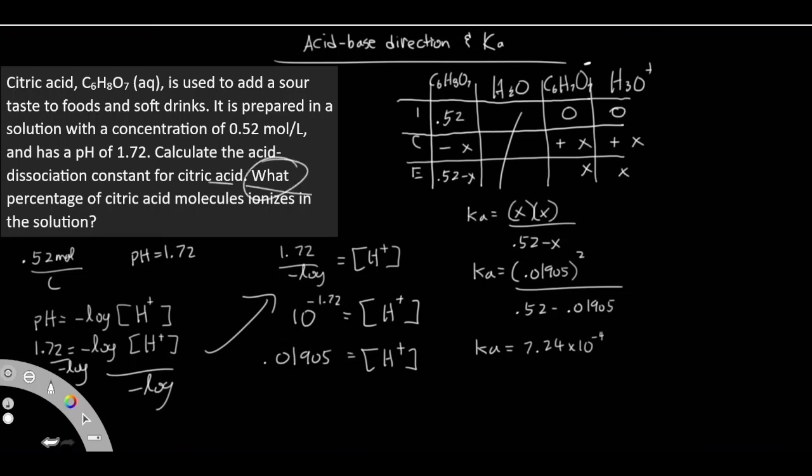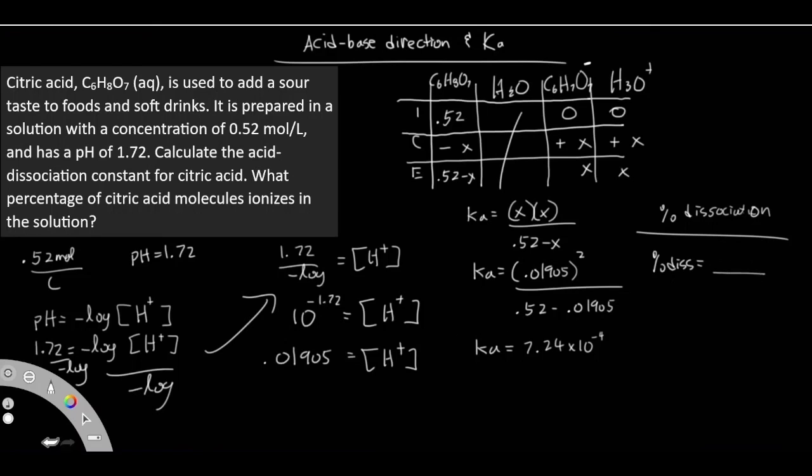Now, what percentage of the citric acid molecules actually ionized in the solution? Well, like I said, this here was the value that I got produced, that actually got ionized. So in our formula for percent dissociation, what did we have on the top? Did we have initial concentration on the top, or did we have what got dissociated on the top?